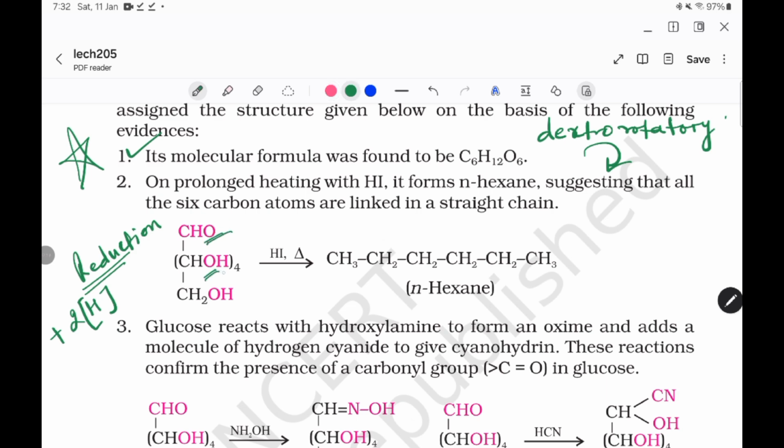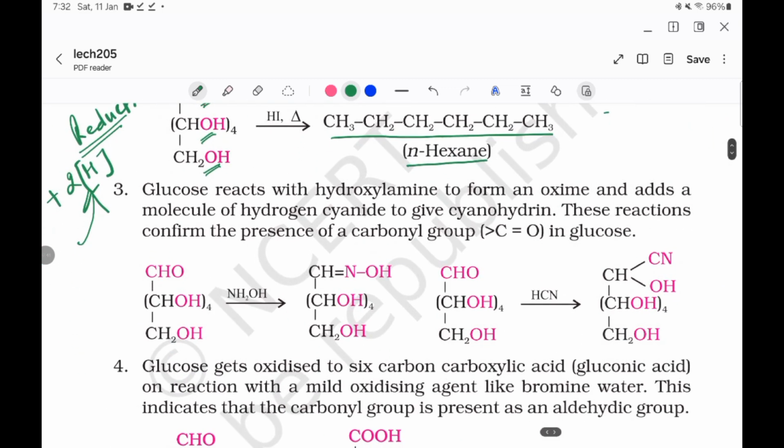Wherever oxygen atoms are there, we are going to remove them, and we're going to add hydrogen atoms over there. So this leads to the formation of a hydrocarbon, that is n-hexane, which is a straight chain compound. So this reaction proves that glucose is not a branched compound, it is a straight chain compound.